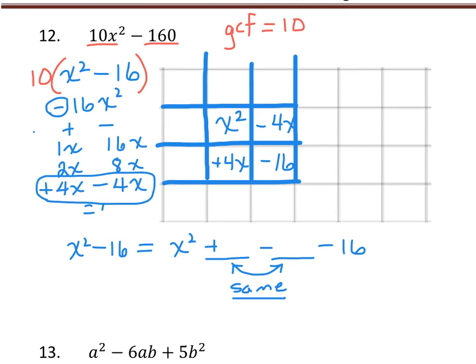Because those equal 0x, and our middle term has disappeared. So then again, greatest common factor across your top row is going to be x, and across your second row is going to be 4.